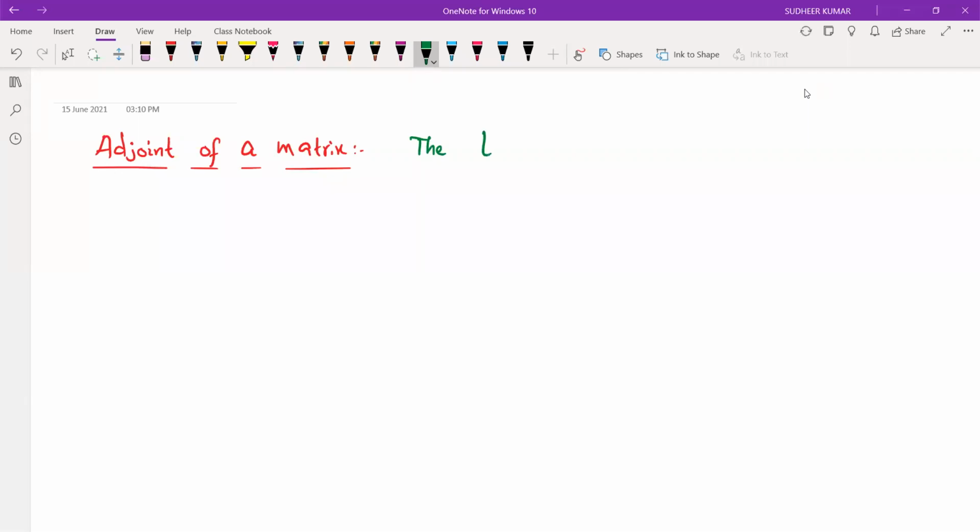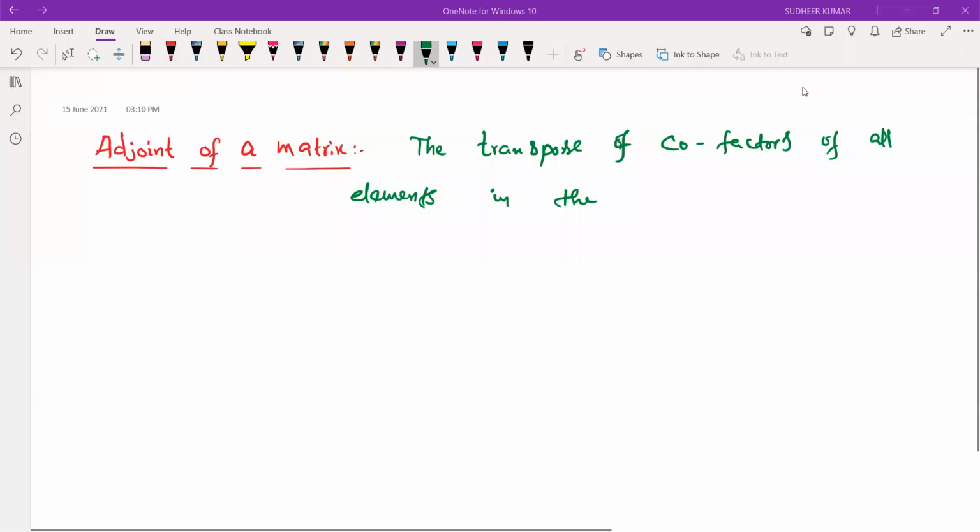So here the transpose of cofactors of the given determinant, cofactors of all elements in the matrix, is called adjoint of matrix.